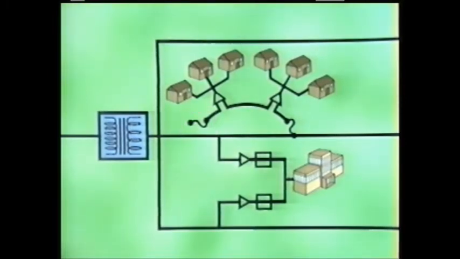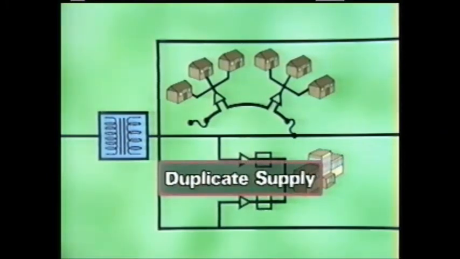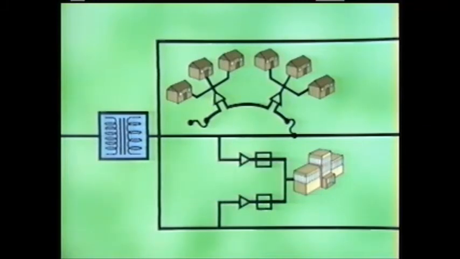The final type of layout we'll discuss is a duplicate supply, sometimes called a spot network. This type of layout is often used to supply hospitals and other urgent need customers who cannot tolerate a loss of service. A duplicate supply system is supplied by two separate feeders. It works like this.